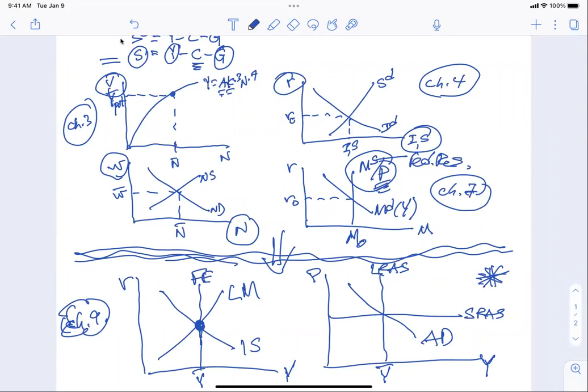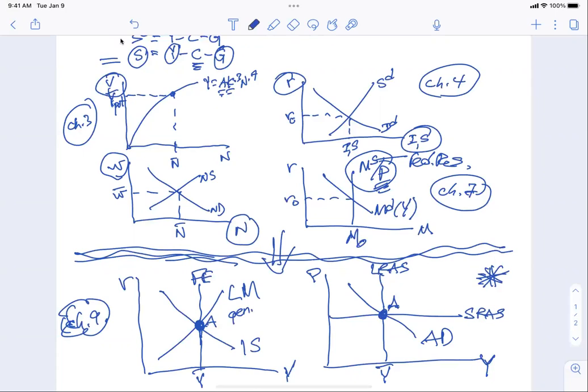We go through and derive where the aggregate demand, aggregate supply model comes from. And it comes from those four graphs up above. So the place where all of these lines cross is what we call general equilibrium.